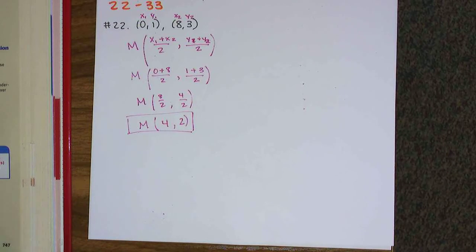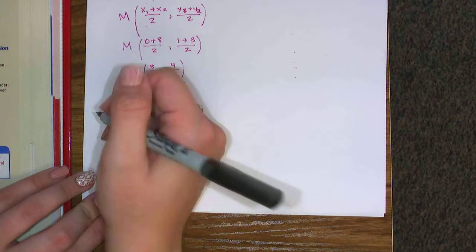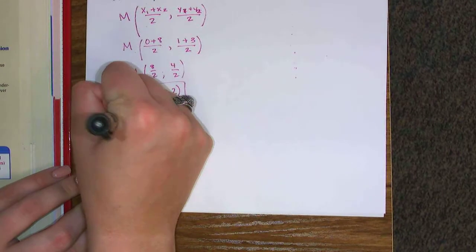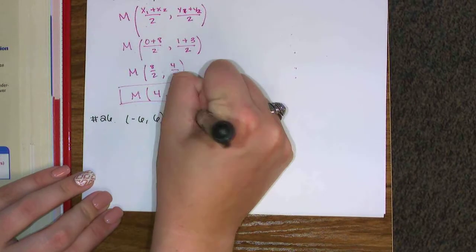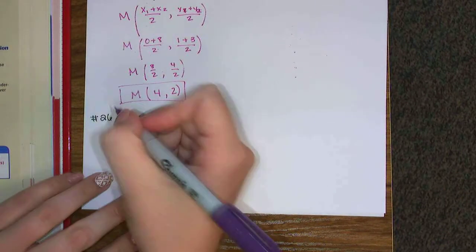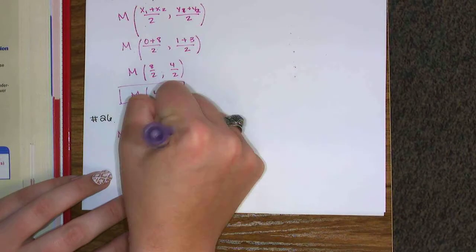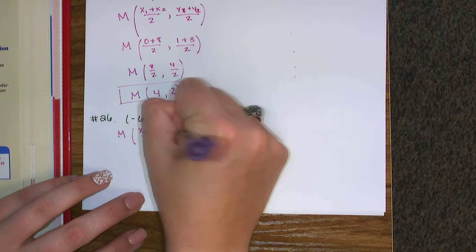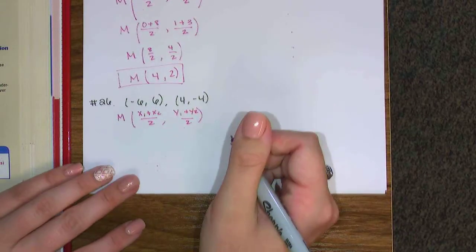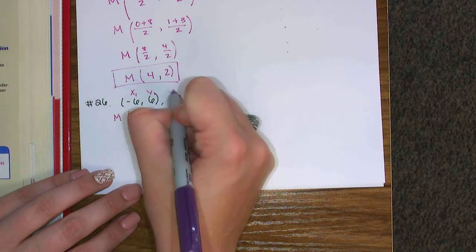All right, 24 has another 0 in it, so it's a little less exciting, so let's go 26. Negative 6, 6, and 4, negative 4. Again, I'm going to write the formula: x1 plus x2 over 2, y1 plus y2 over 2. And this is x1, y1, x2, y2.